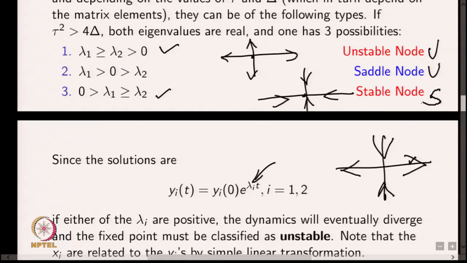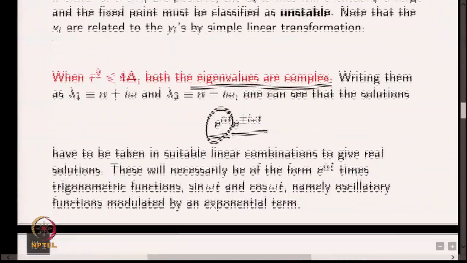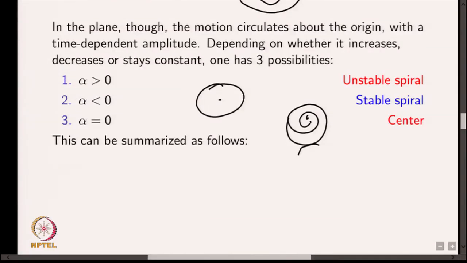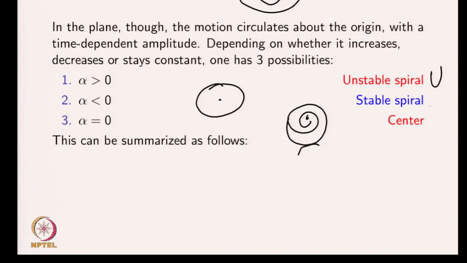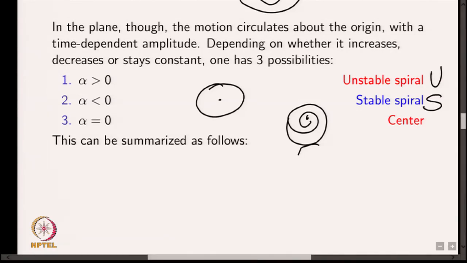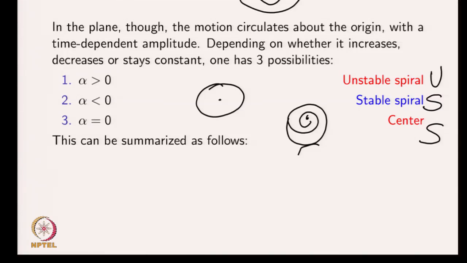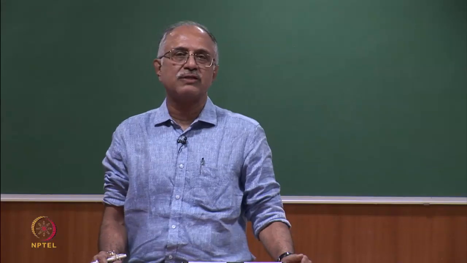The stable node is stable, all right. And here we have the unstable spiral, which would be classified as unstable obviously. The stable spiral is one of the stable ones, and the center is also stable in the sense that it is not unstable.